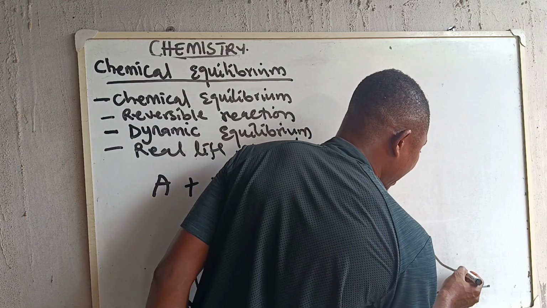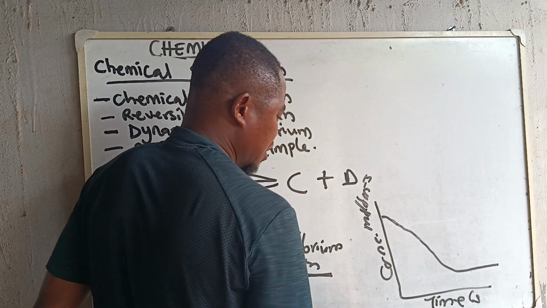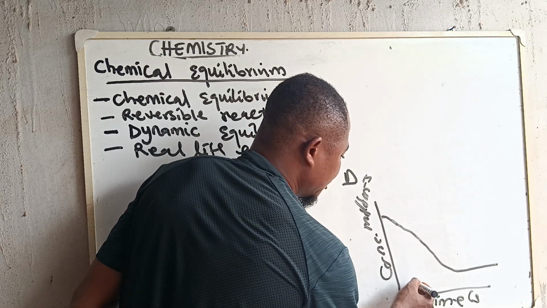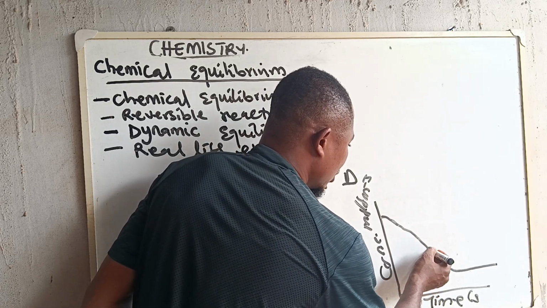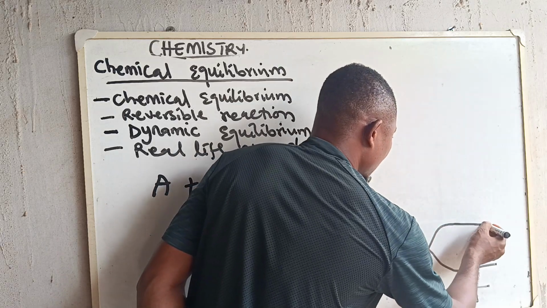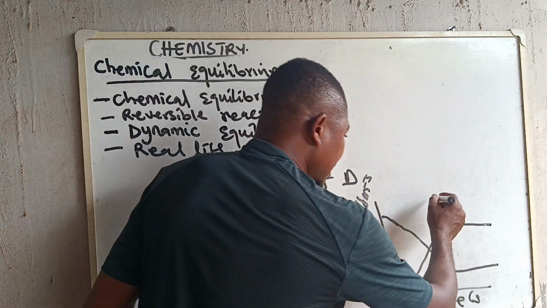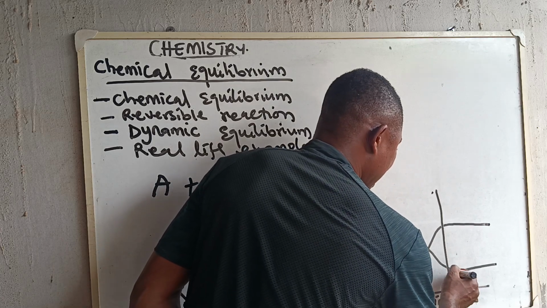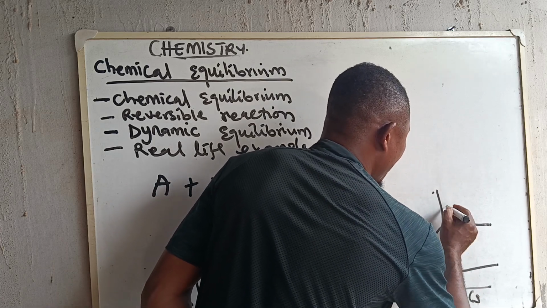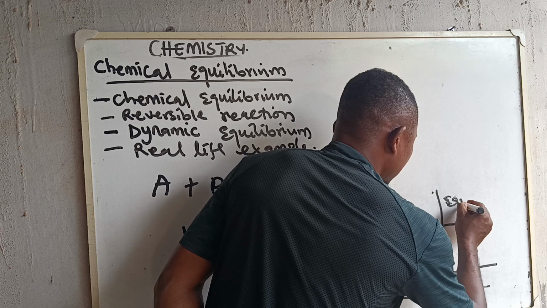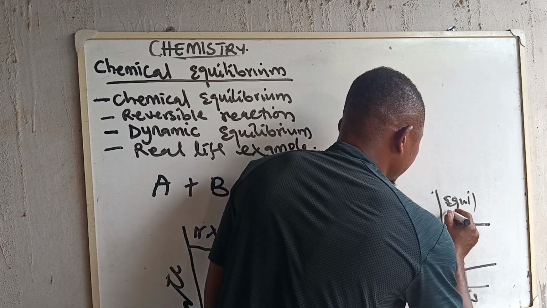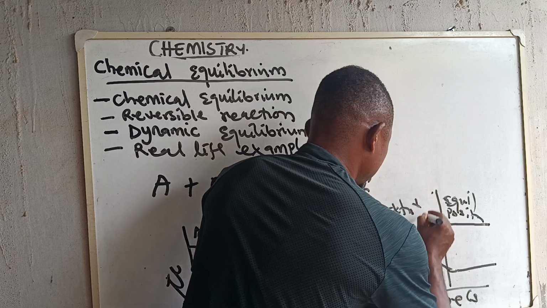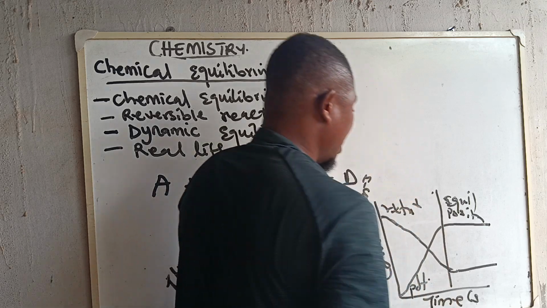It will get to a point whereby the concentration becomes stable. The product, with low concentration from the beginning, will start building. They will build and come to a point whereby their concentration also remains stable. This point whereby their concentration becomes stable is what we refer to as the equilibrium position. Here is our reactant and here is our product.